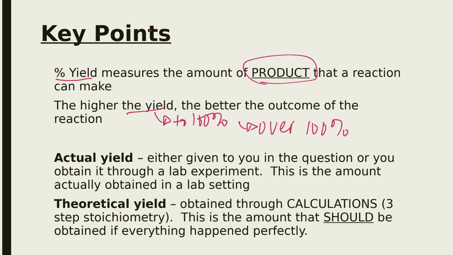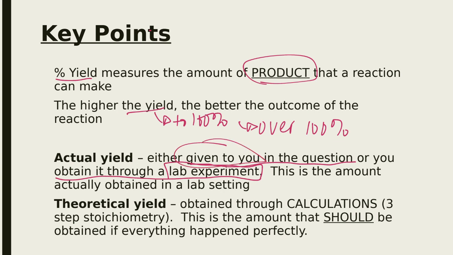The actual yield is either going to be given to you in a question. Okay, so if you're doing calculations on percent yield from a worksheet or textbook, and you're not carrying out the experiment, then you cannot obtain an actual yield yourself. So you either obtain it through a lab experiment, but if you're not doing a lab experiment, we have to give it to you.